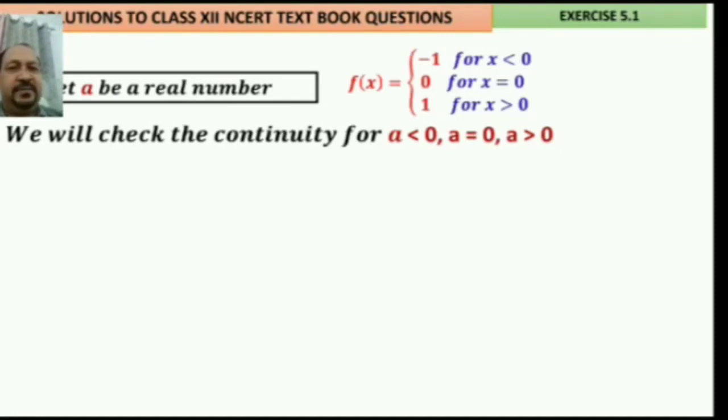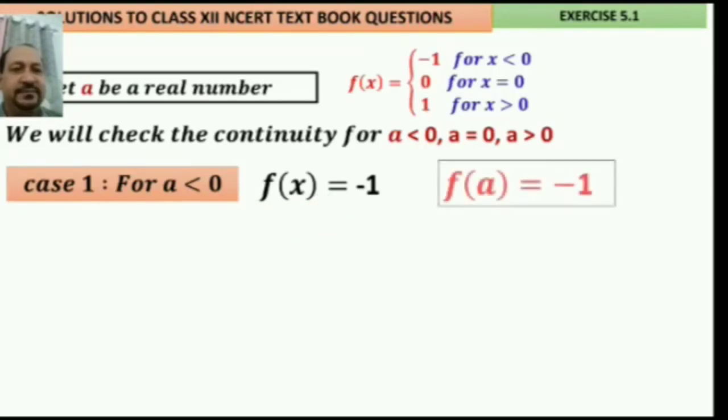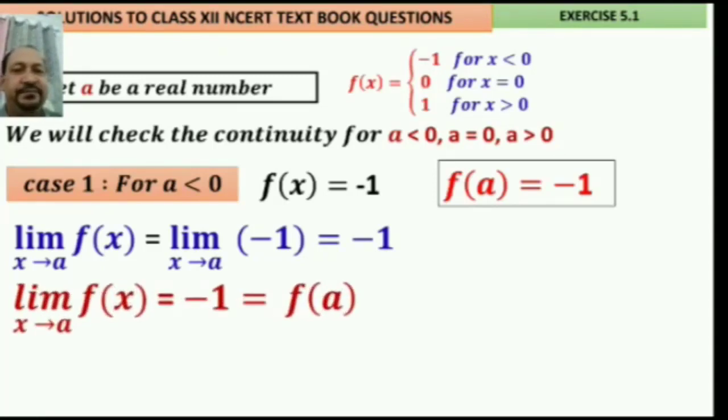Let a be a real number. We will check the continuity for a is less than 0, a equal to 0 and a is greater than 0. Case 1, when a is less than 0, f of x equal to minus 1. f of a equal to minus 1. Limit x goes to a f of x equal to limit x goes to a minus 1 equal to minus 1.